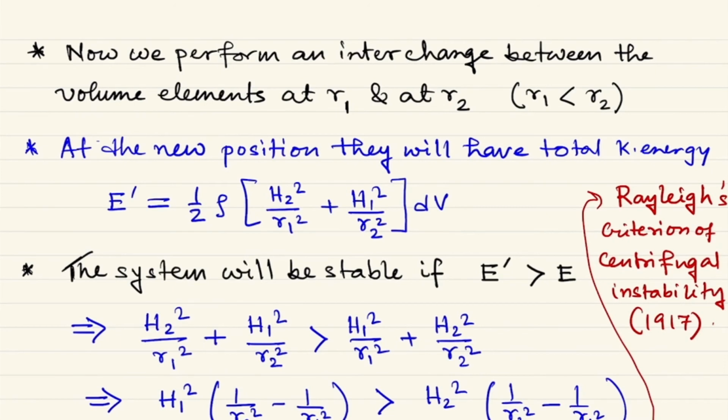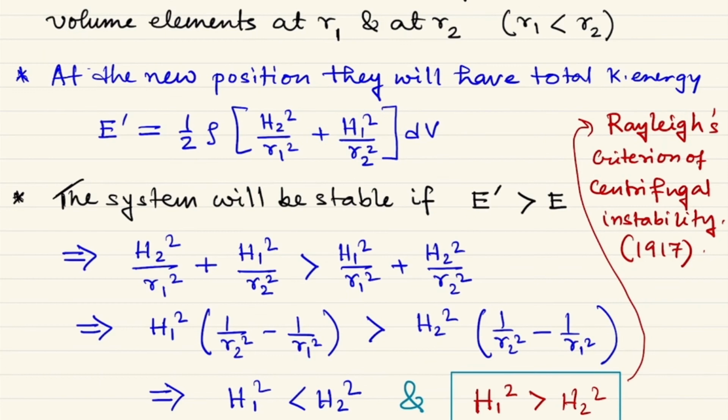That is the question. If we simply pick them from their original positions and swap them in position, but they are always associated with their original angular momentum, then would that system be stable? How would the system respond?